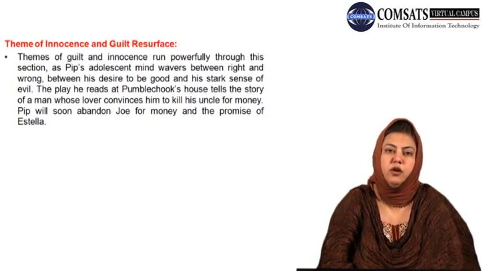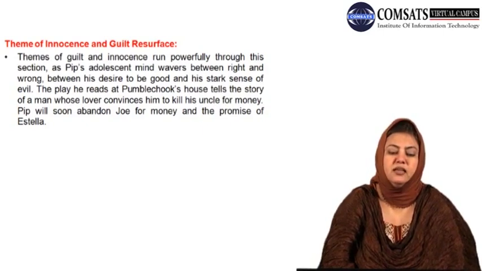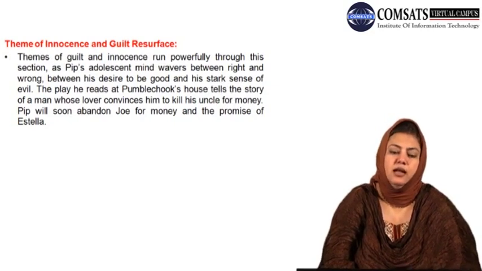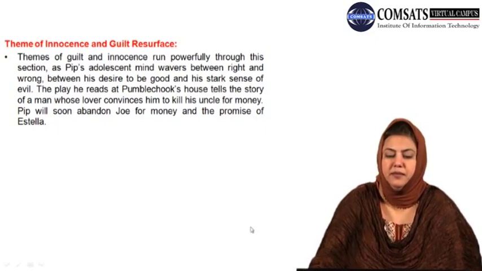So what happens is Dickens, as a master of writing, is foreshadowing what would happen. Soon Pip will leave Joe for money and the promise of Estella, and all this is foreshadowed through the happenings in the play.